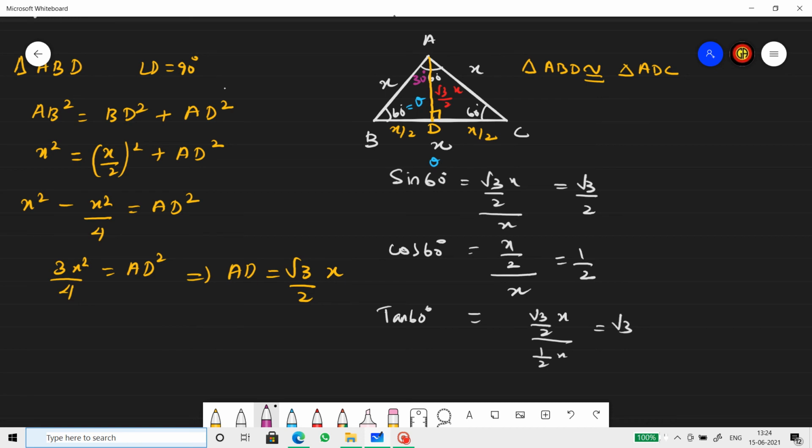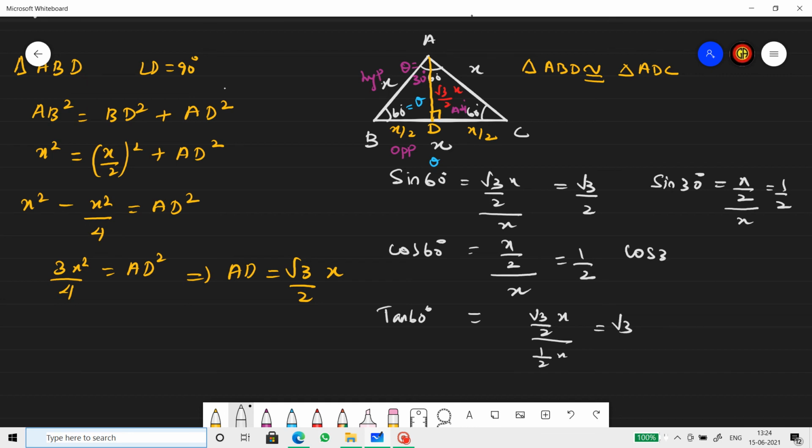Now, if this is where the theta is, this will be called the opposite side. This is the adjacent side, and this will be your hypotenuse. Right? So, sine 30. Sine 30 will be opposite by hypotenuse, which is x by 2 by x. So it's 1 by 2.